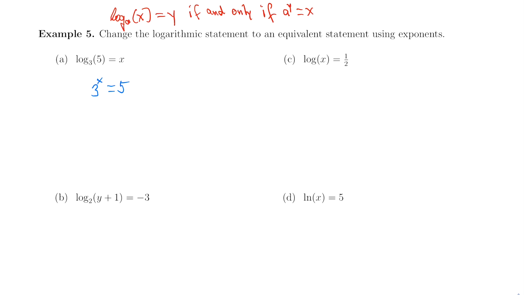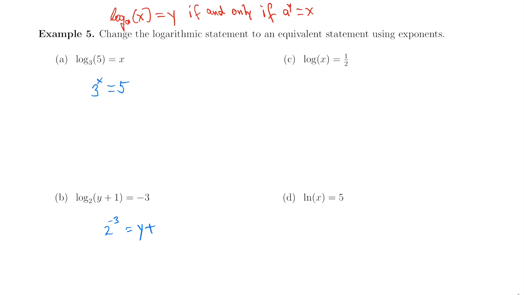I'm going to go one down to B. I'm going to do the same thing again. I again have my base. My base is very clearly the small number at the logarithm sign. And what is now my answer, negative 3, will now be my input. So it's 2 to the negative 3, and that equals y plus 1.